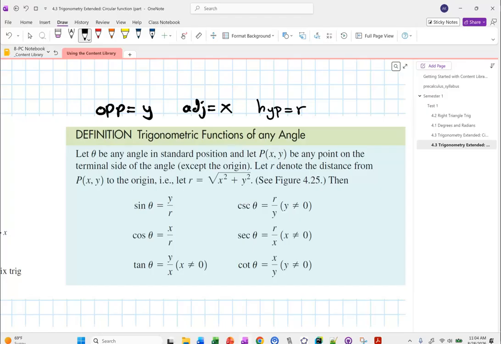The y coordinate acts the same way as opposite. And the distance between that point and the origin is just like the hypotenuse. And now I can take SOHCAHTOA and replace side lengths in a right triangle with coordinates on the terminal side of a standard position angle. This is our point on the terminal side of a standard position angle definition.